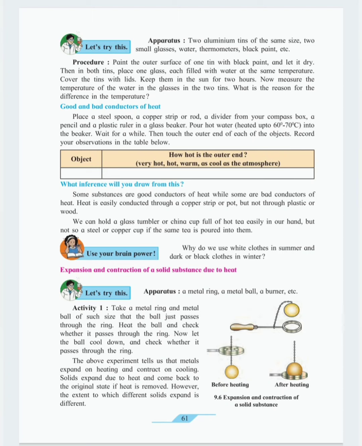For example, when your mother cooks food in the kitchen, the utensils which she uses are made of steel, aluminium, etc. When she keeps the container on the stove or a burner and lights it, after some time we observe that the container becomes hot. It becomes hot since it allows the heat to pass through that material, the utensil. Therefore, they are good conductors of heat.